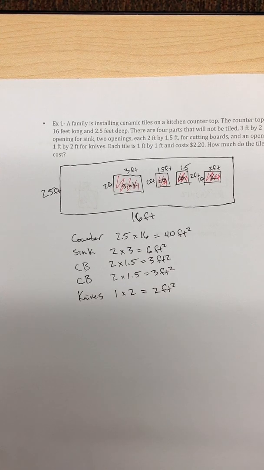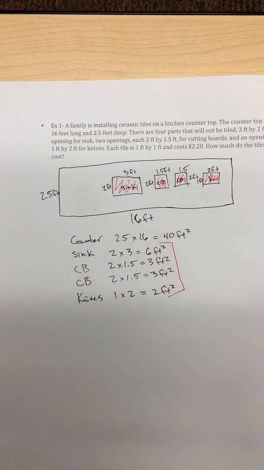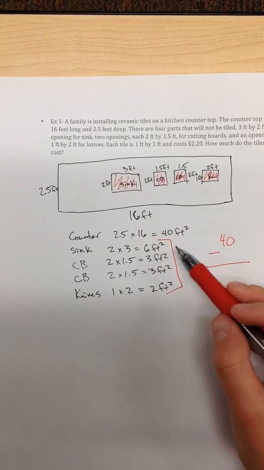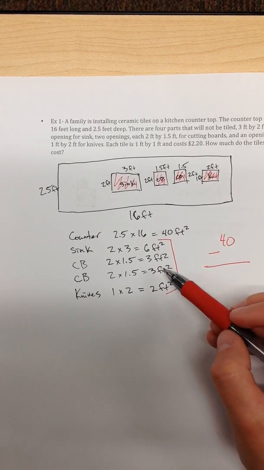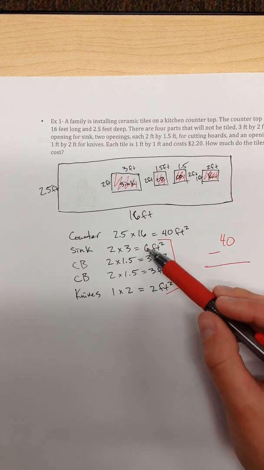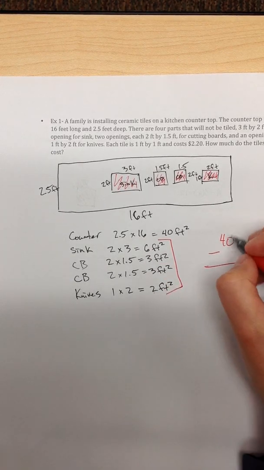Okay, so now, since we don't have to tile in these areas here, what I'm going to do is I'm going to take 40 and I'm going to subtract away what all these are added together. So I've got 6, 3, 3, and 2, so 6, that would make 6 there, 12 plus 2 would be 14.